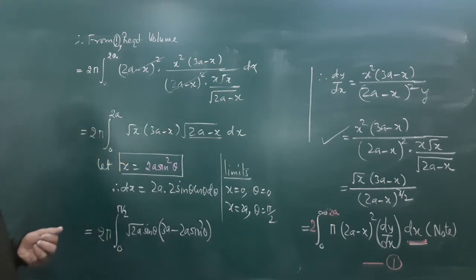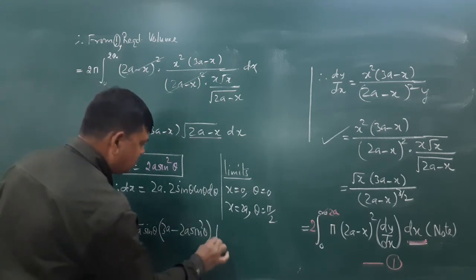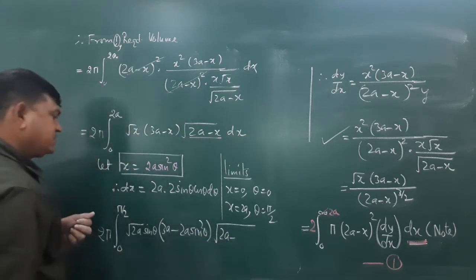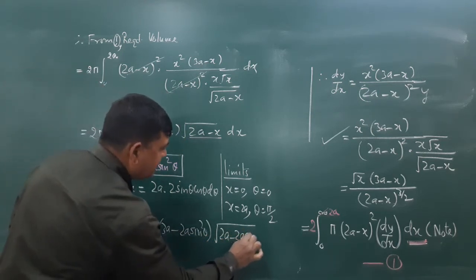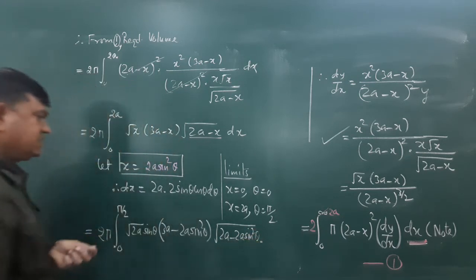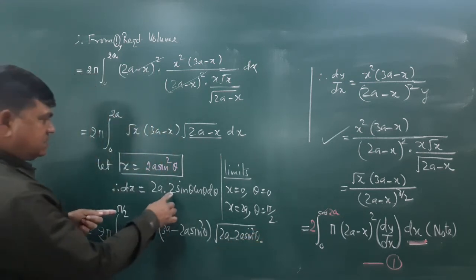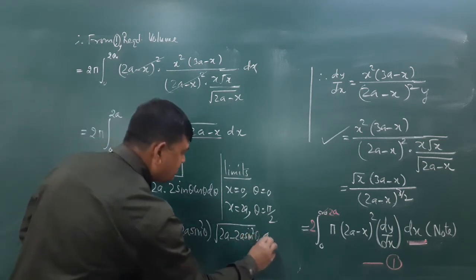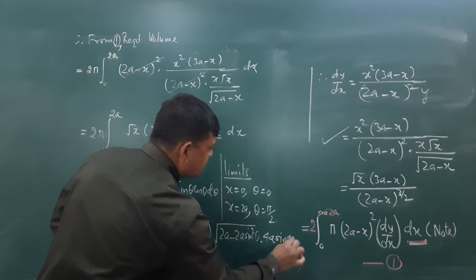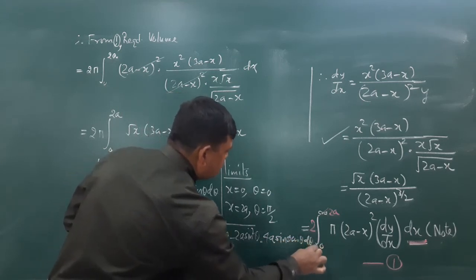Then root (2a minus 2a sine square theta) into dx. dx is 2 into 2, 4a sine theta cos theta d theta.